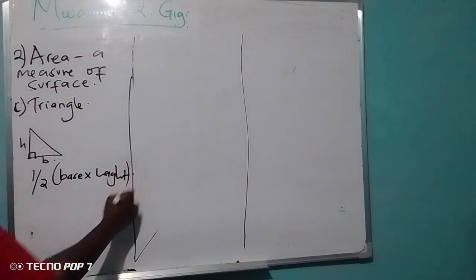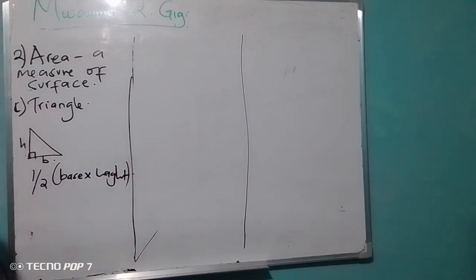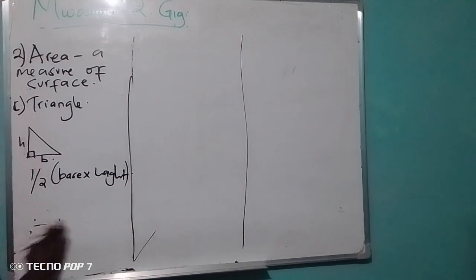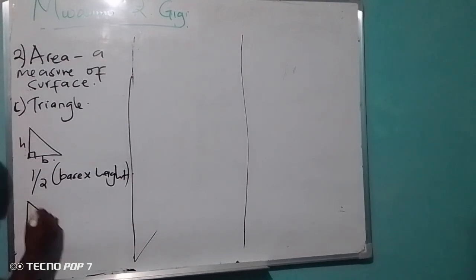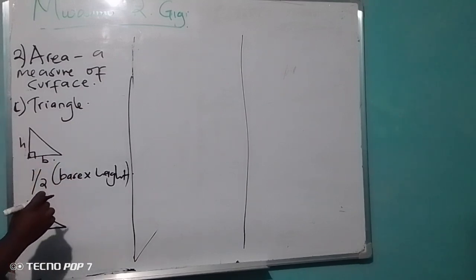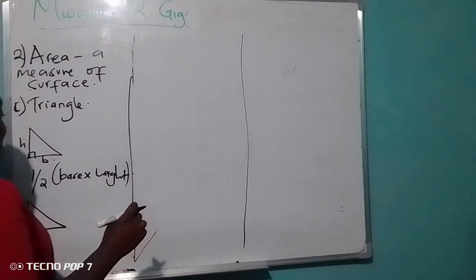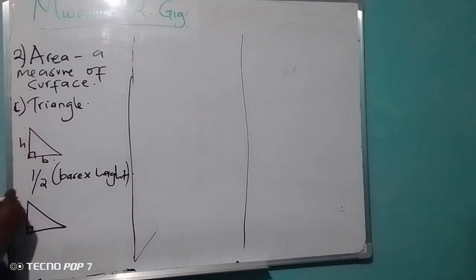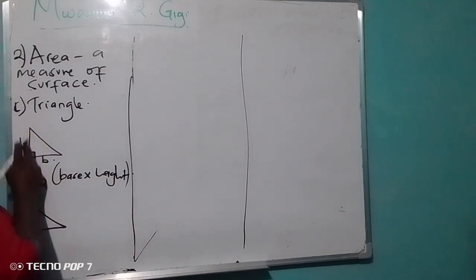A half into base times height. Na tumesoma Pythagoras theorem, sindio? So if you have not been given the height, the straight height, na umepewa hii, you can find this one.